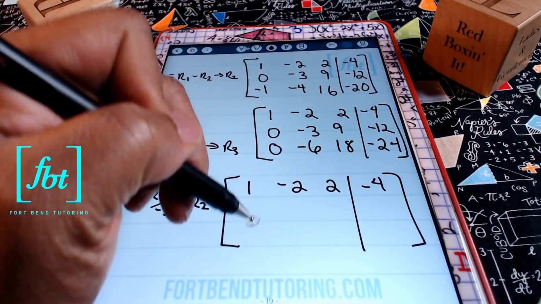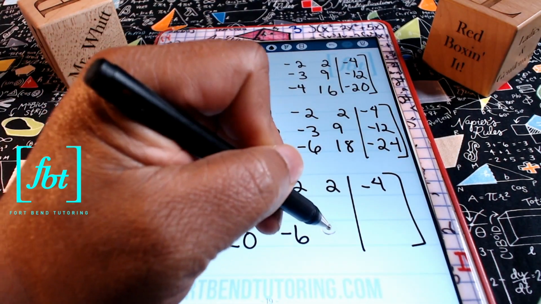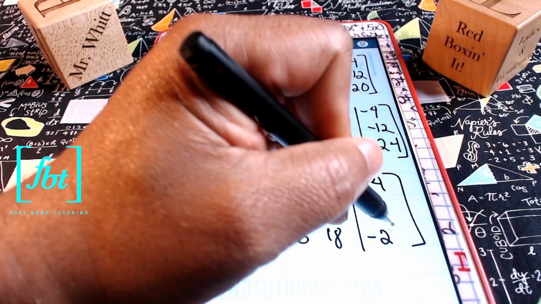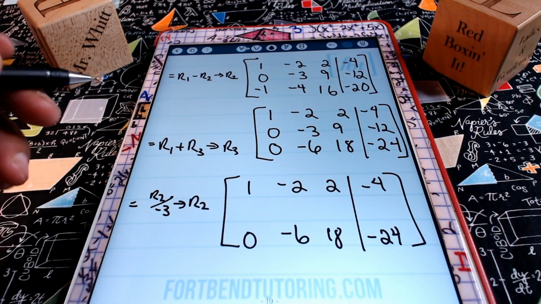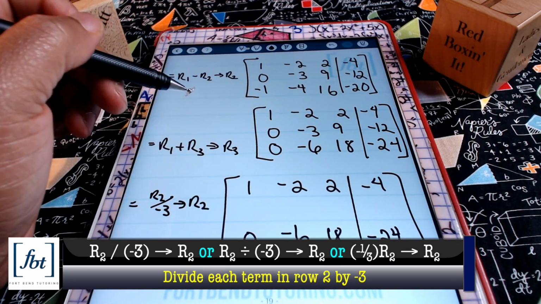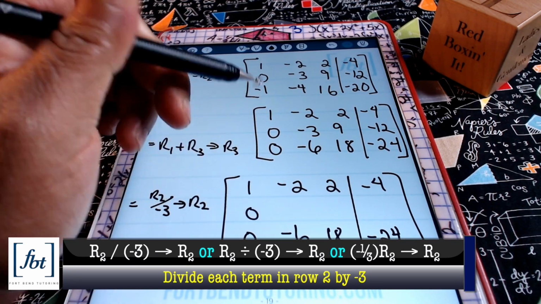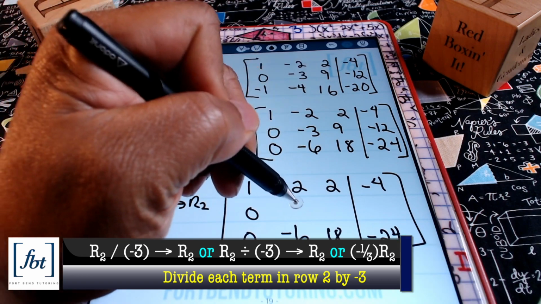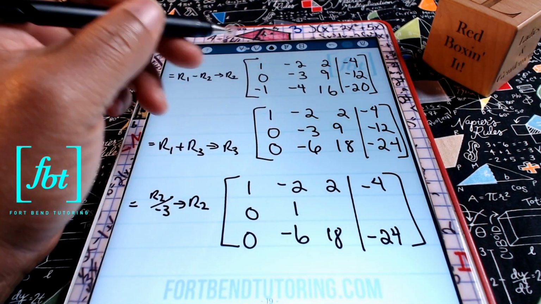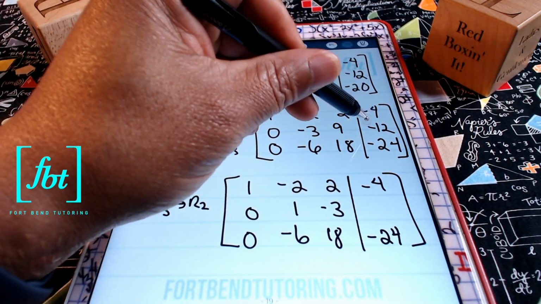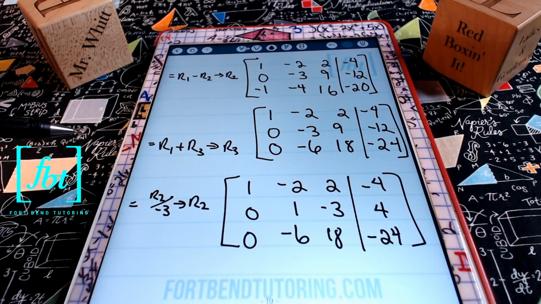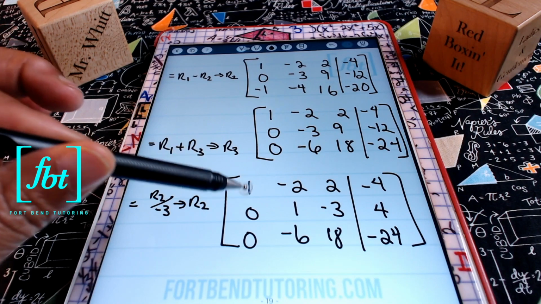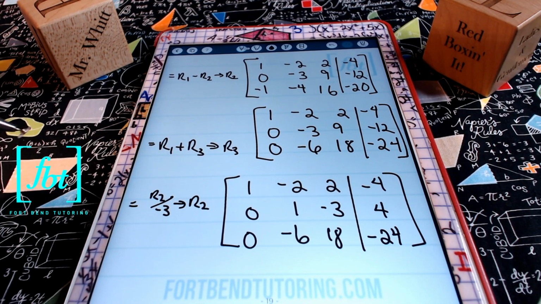The third row is 0, -6, 18, and -24. And then finally, dividing each of the elements in the second row, I'll have 0 divided by -3 is 0. -3 divided by -3 is 1. 9 divided by -3 is -3. And -12 divided by -3 is +4. And this is going to be our row equivalent matrix after that row operation.